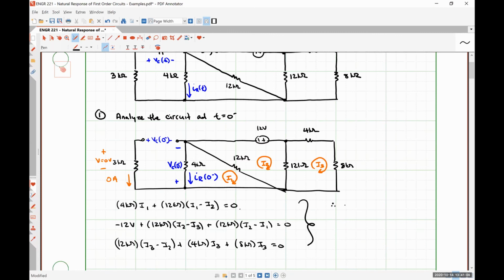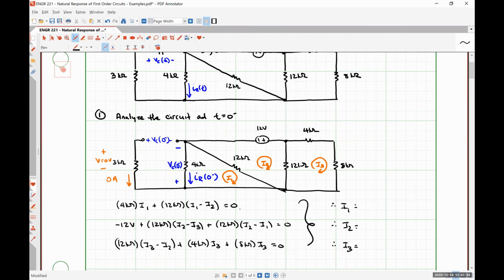I can solve these guys for I1, I2, and I3. So let's take a moment to do that now. So let's see, I have 4,000 plus 12,000 is 16,000 I1 minus 12,000 I2 minus 0 I3 is equal to 0.